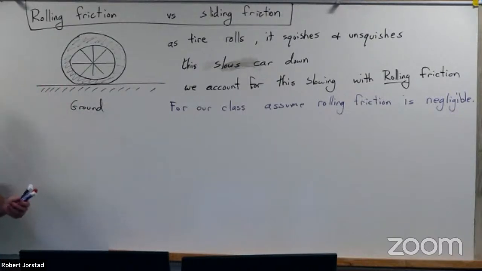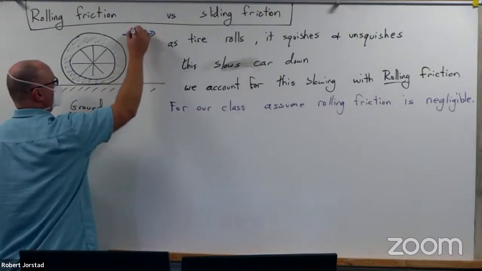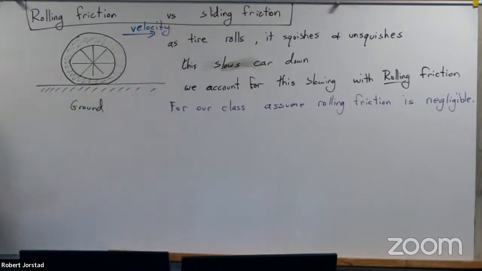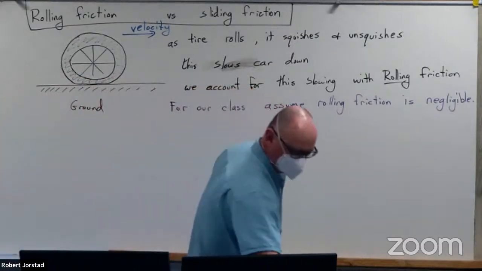But I wanted to talk about it for this reason. If the car is moving this way, if your velocity is this direction, this rolling friction would tend to oppose your motion. Where did I put that green? Here it is.